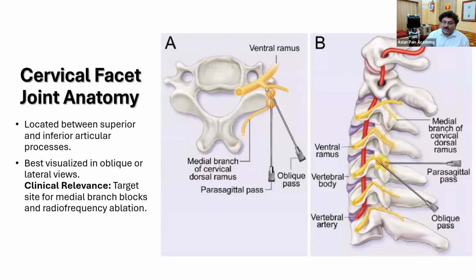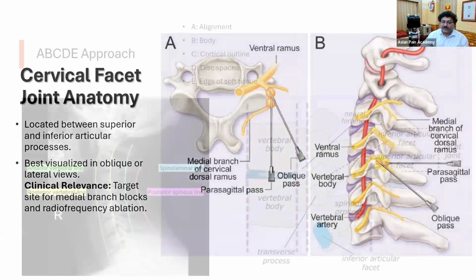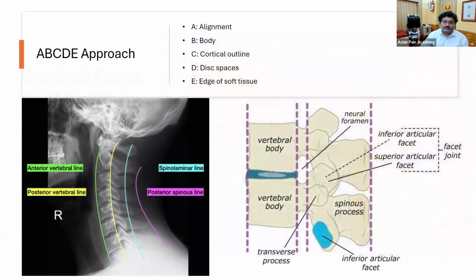In case of facet joint arthropathy, that is why in the cervical area we usually do not prefer injecting inside the joint. Rather, we prefer going to the medial branches and doing a medial branch block. They are located between the superior and inferior articular processes, best visualized in oblique or lateral view, and clinically they are the target site for medial branch blocks. I have already discussed this.